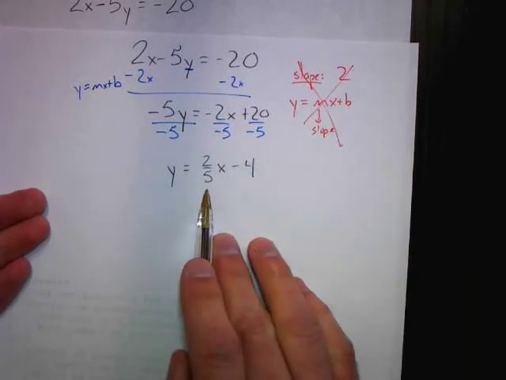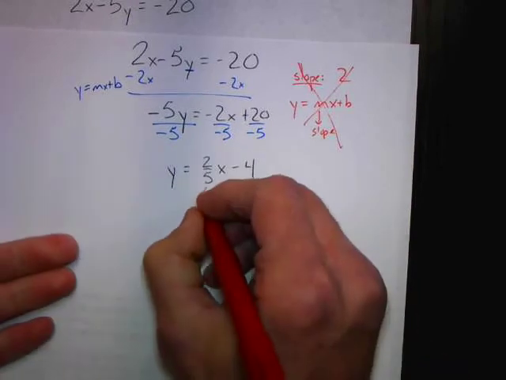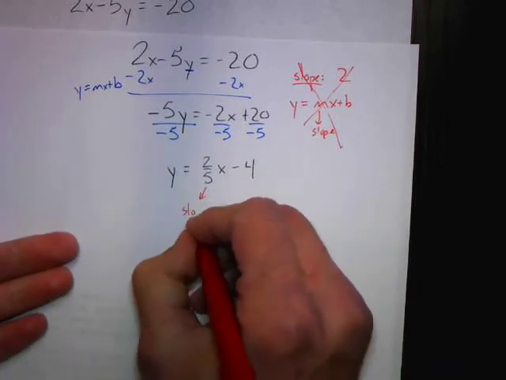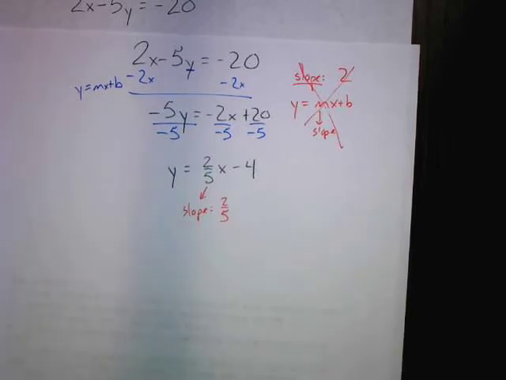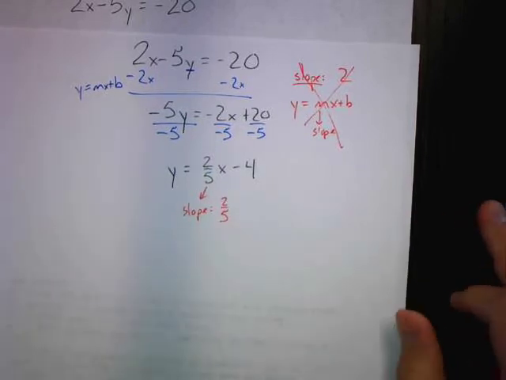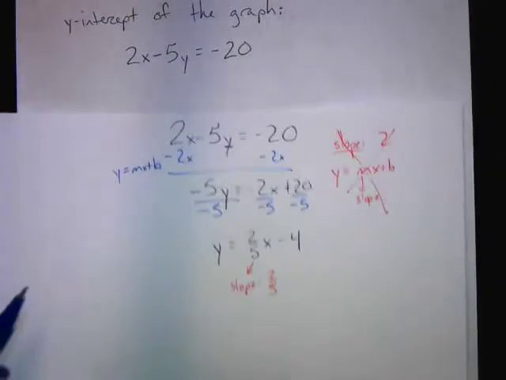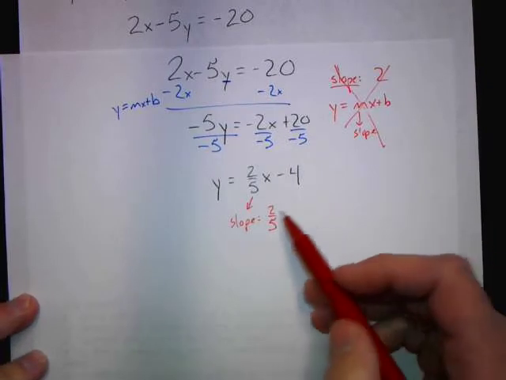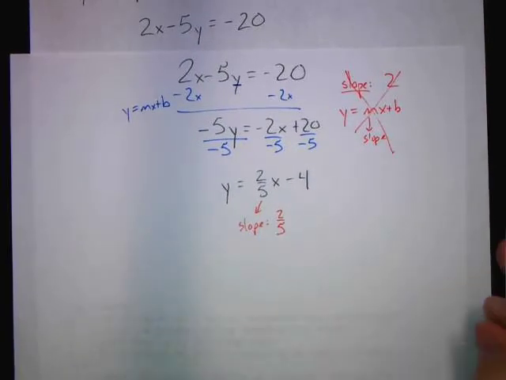Now it's glaringly obvious that we couldn't have said that because the slope most definitely is 2 over 5. Not 2, 2 over 5. So that's the long way that you can tell slope from standard form. You can make that equation look like slope-intercept form, identify the slope.